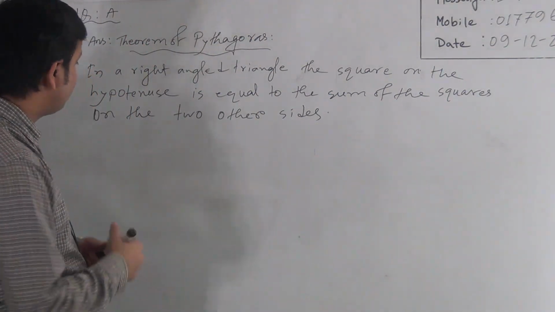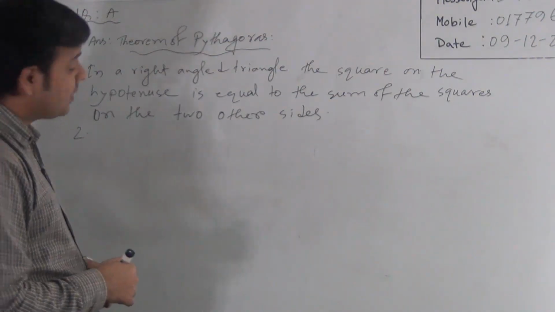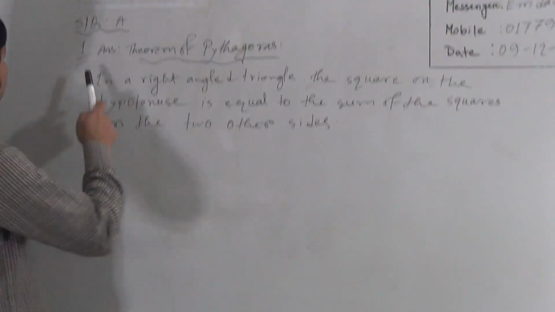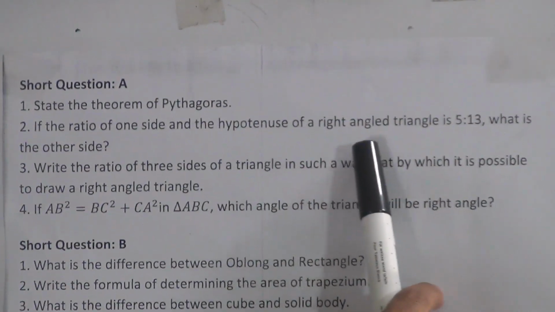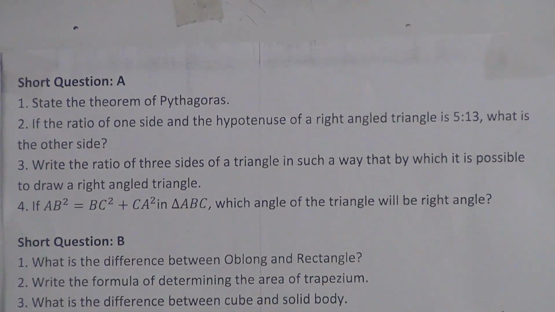Now question 2. What is question 2? Question 2 is, if the ratio of one side and the hypotenuse of a right angle triangle is 5:13, what is the other side?